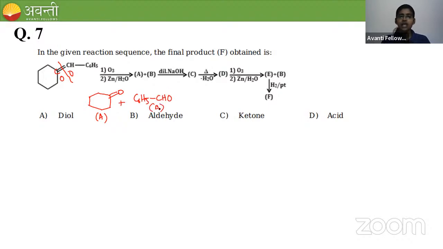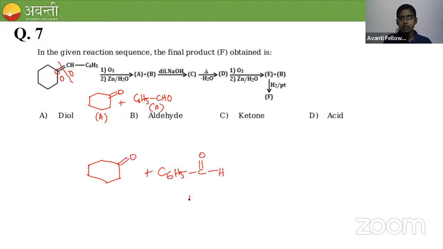This compound A and B reacts with dilute NaOH to give compound C. So here this is basically the aldol condensation reaction. In the aldol condensation, this is one of the compounds and it is going to react with C6H5 C double bond OH, right?